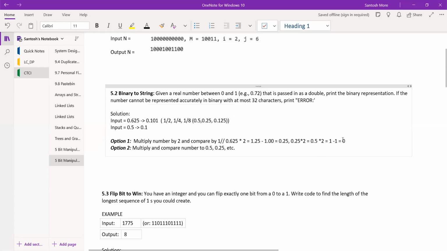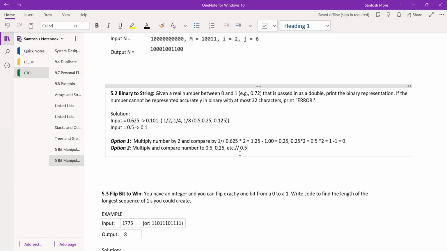So that is what it says for option 1, where we keep on multiplying the number by 2. The other option says to compare the number with 0.5.